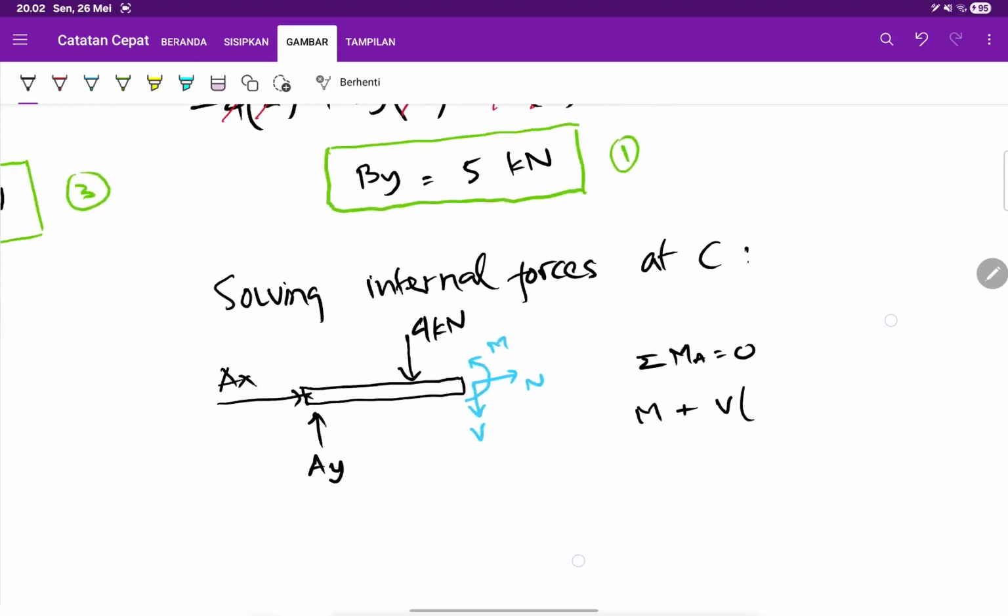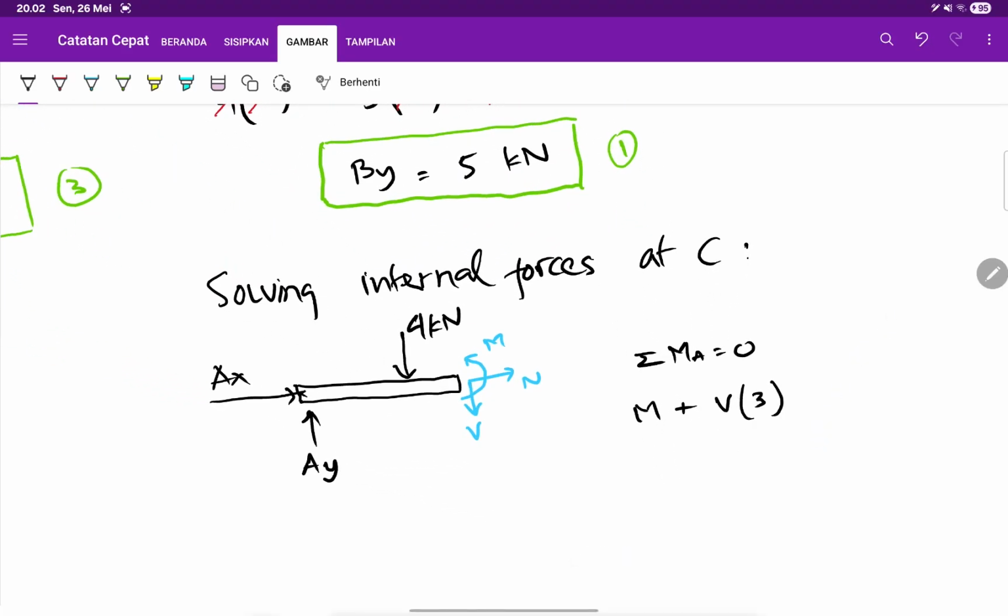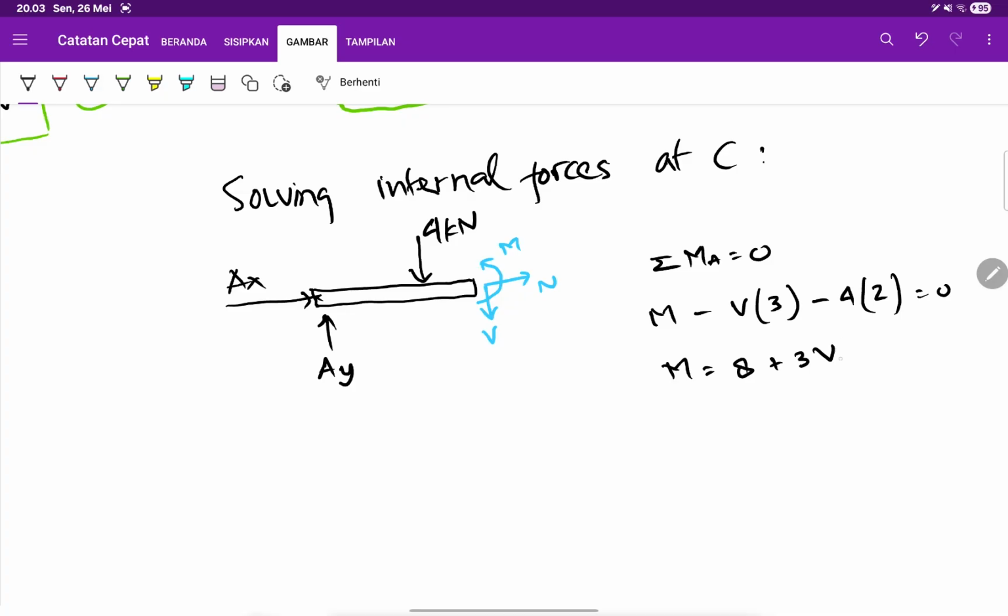The distance is 3. The V will create a clockwise moment, so it's negative. And the 4 kilonewton will also create a clockwise moment, so it's minus, equals 0. So your moment will be equal to 8 plus 3V. We still don't know what V is.